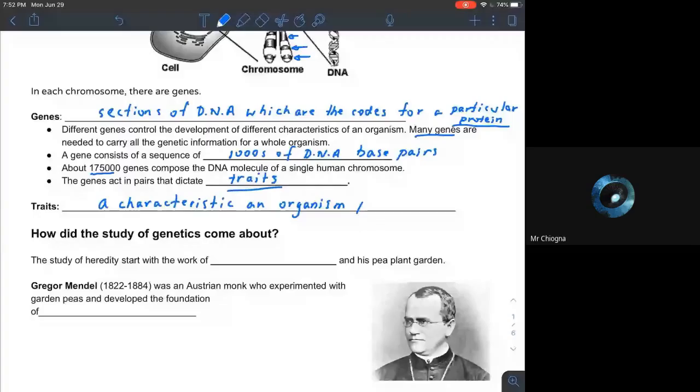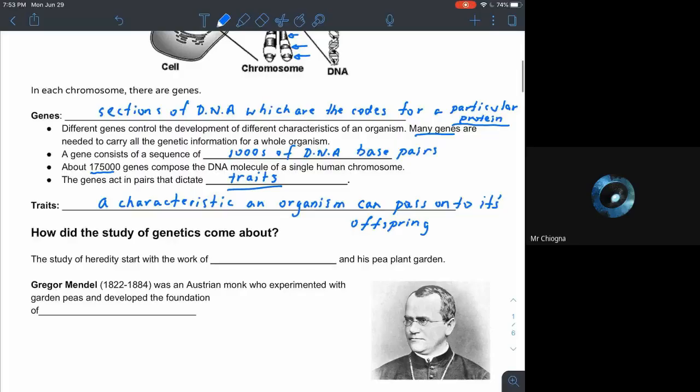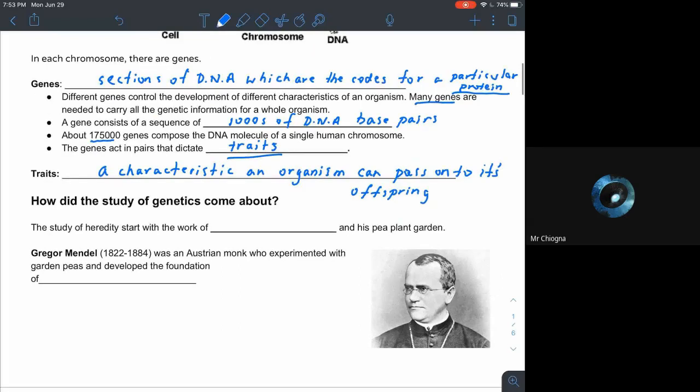An organism can pass on to its offspring, obviously through DNA.